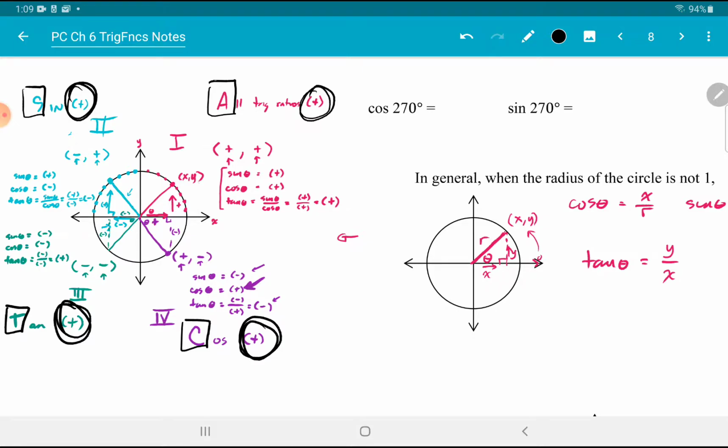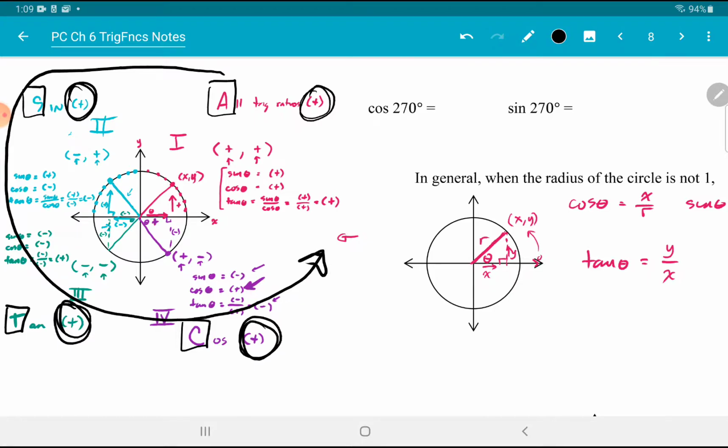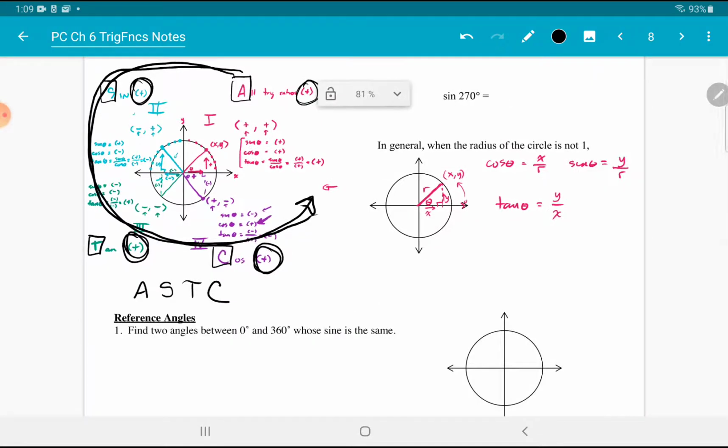If we go in order, from quadrant 1, 2, 3, and 4, going counterclockwise, we create the mnemonic A, S, T, C. A, S, T, C is a helpful way for you to remember which trig ratios are positive in which quadrants: quadrant 1, quadrant 2, quadrant 3, and quadrant 4.